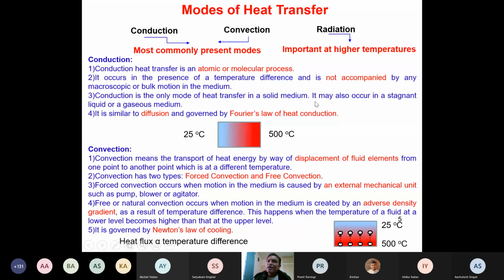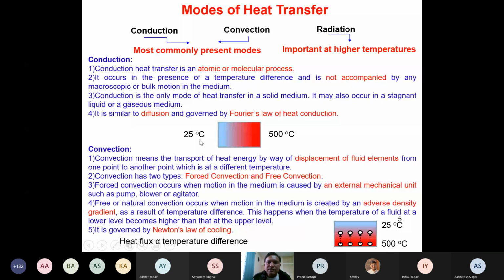But even if we look at convection at the molecular level, the heat is transferred only by conduction. Again, it is similar to diffusion and is governed by Fourier's law of heat conduction. We will see this law in detail in a subsequent slide.